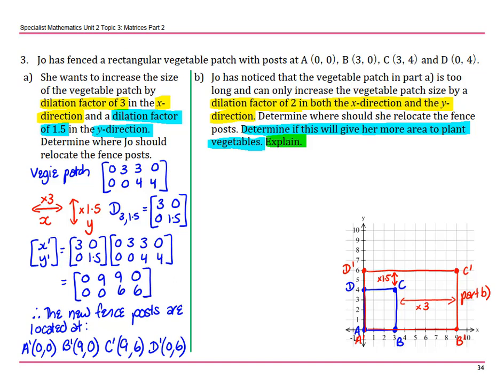So now we're going the same dilation in both directions, and it's a factor of 2. So our dilation matrix is 2, 0, 0, 2. So our image is going to be 2, 0, 0, 2 times by where my original fence posts were.